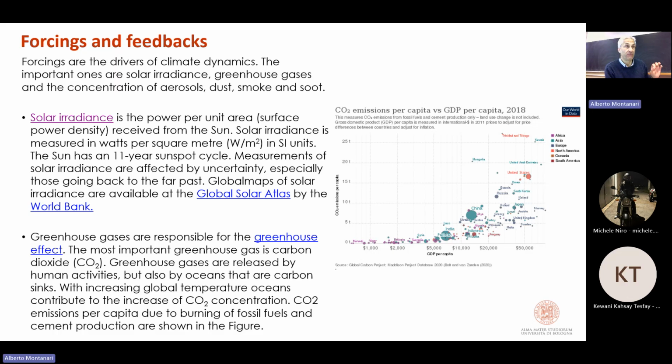Another very important greenhouse gas is water vapor in the atmosphere. It's very effective. Water vapor, however, has a time of residence in the atmosphere that is much lower than the time of residence of the CO2. And therefore, it becomes more concerning, the CO2 emission rather than the emission of water vapor.